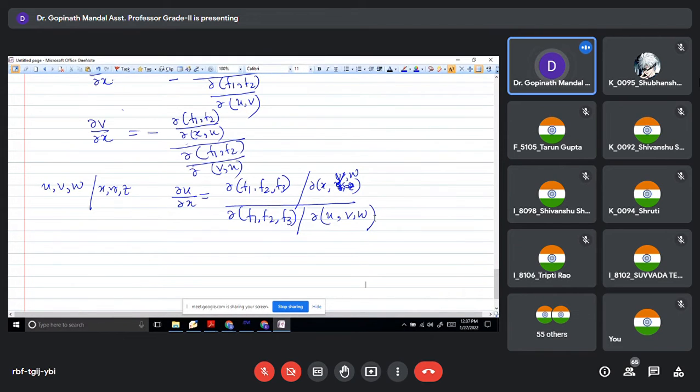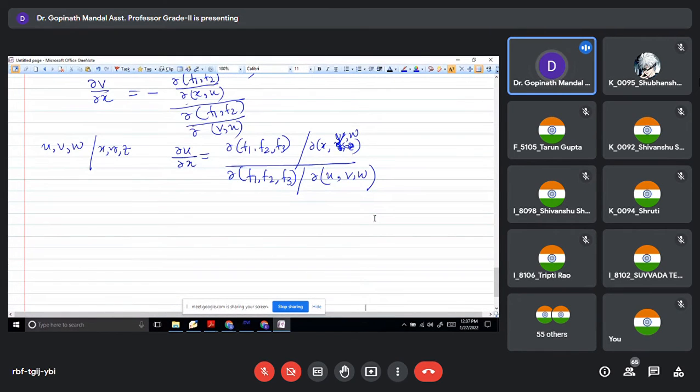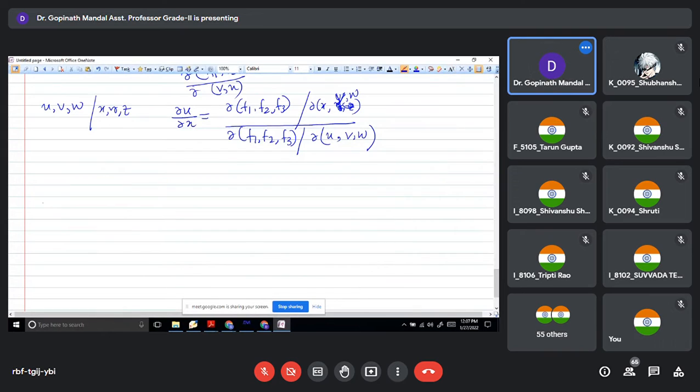Let's take an example. Find del u del x, if u square plus x v square minus xy is equal to 0 and u square plus xy v plus v square equal to 0.